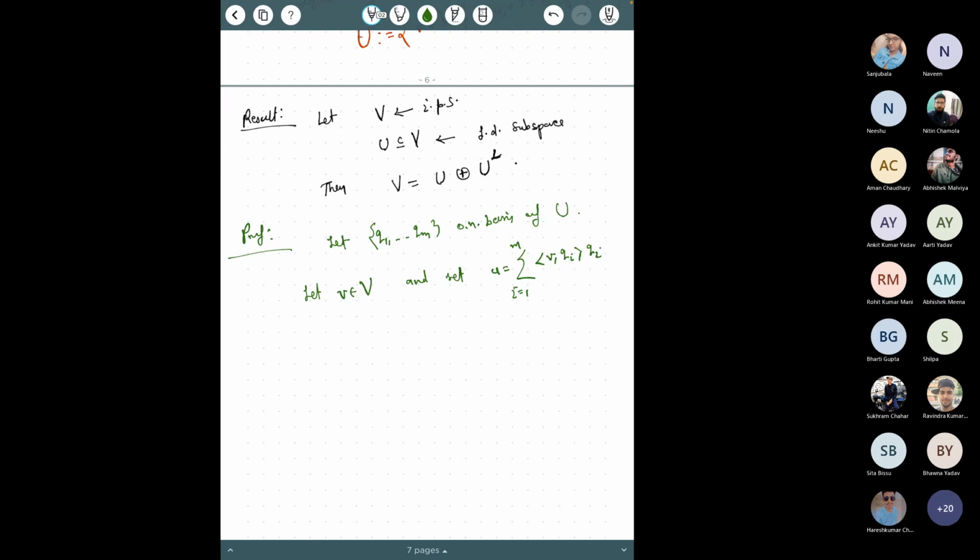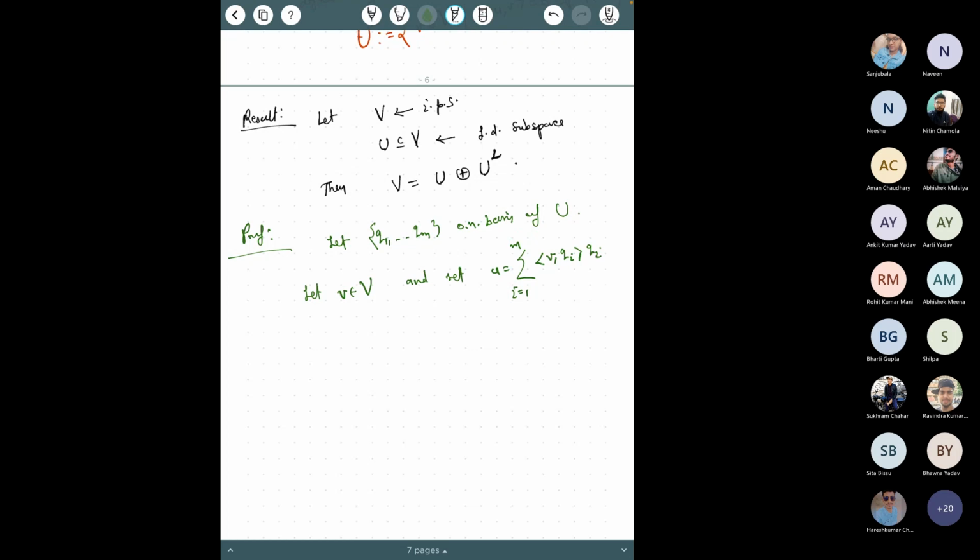So basically what I am doing here, I have set this new vector u as this vector. This is in the span of the Qi, where these coordinates are chosen in a particular way. They are just the inner product of V with this Qi. So this vector is in U, right?